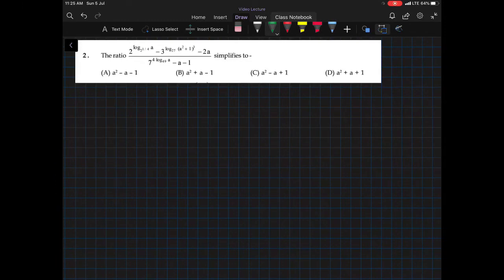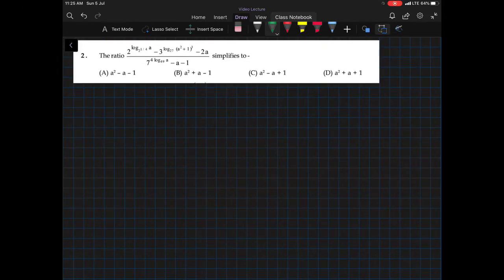In question 2, we are going to apply some basic formulas of logarithm. Number 1: x to the power log a base x is equal to a.